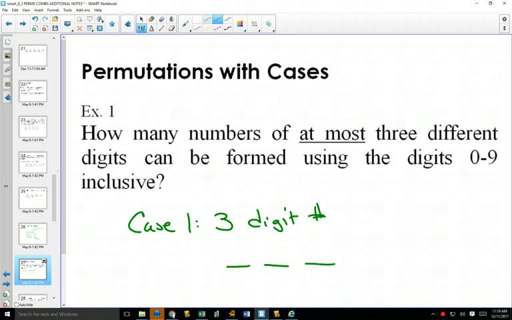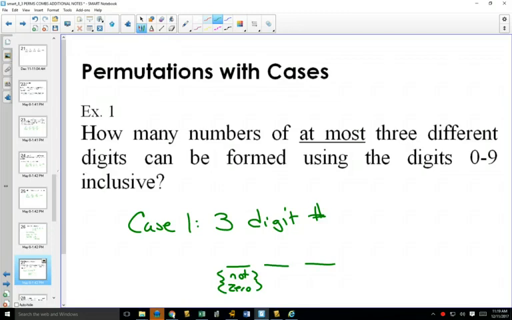Do we have any restrictions on any of the spaces? Is this a 3-digit number? No, because that's 95. That's a 2-digit number. And so there is a restriction in that our first digit can't be 0.